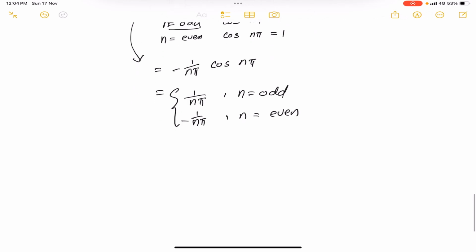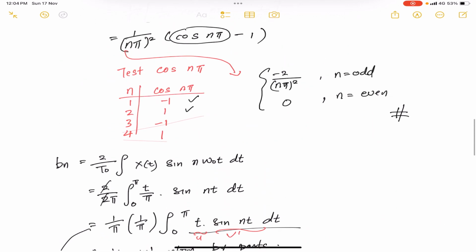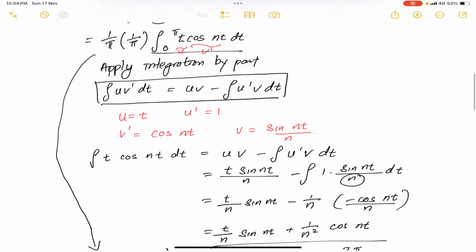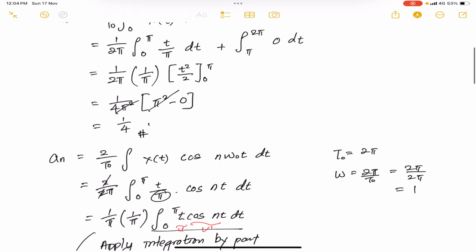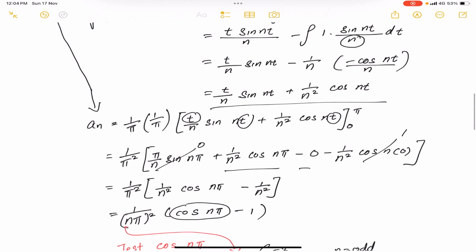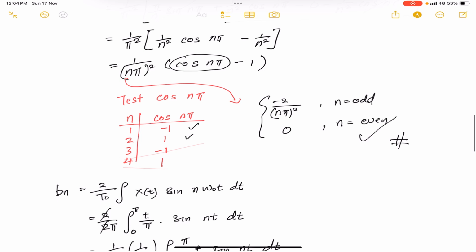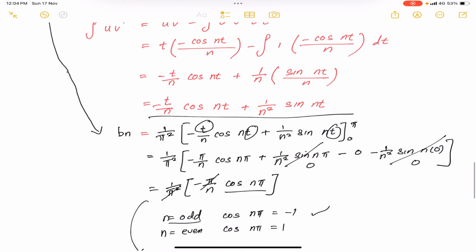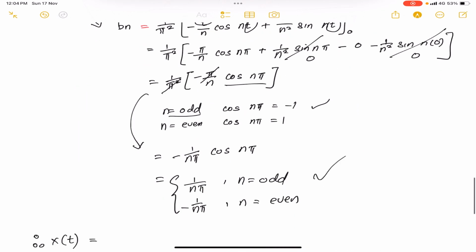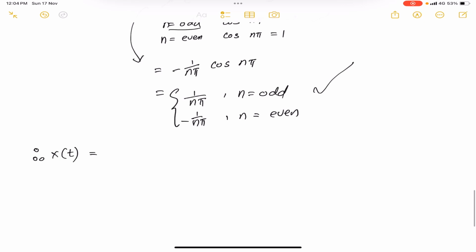Lastly, you can write down the final answer of x(t) equal to a naught. So in this case, what is the a naught value? a naught is 1 over 4. And then this is your an, and lastly, this is your bn. So you have to combine all the values. So 1 over 4, plus the an.